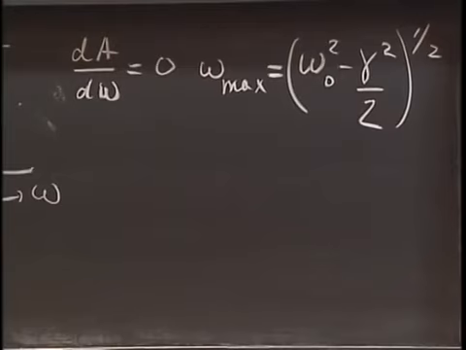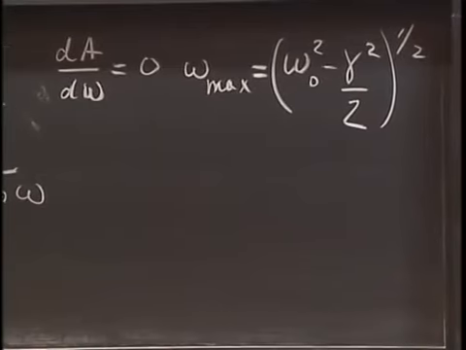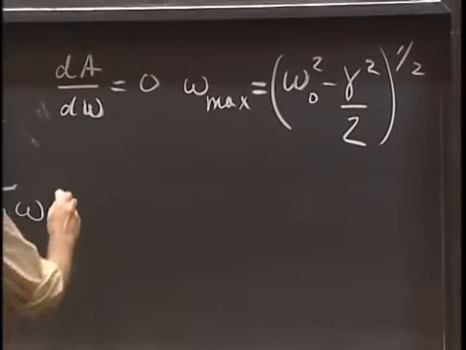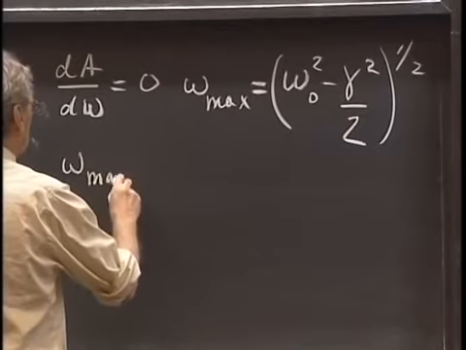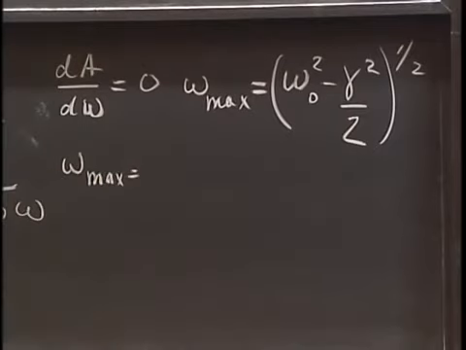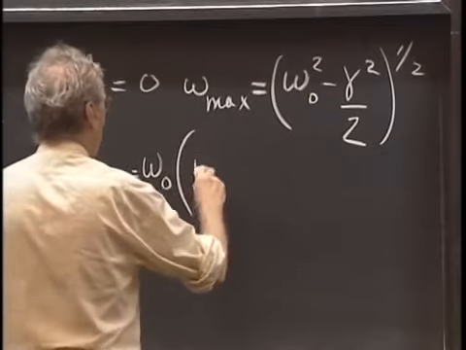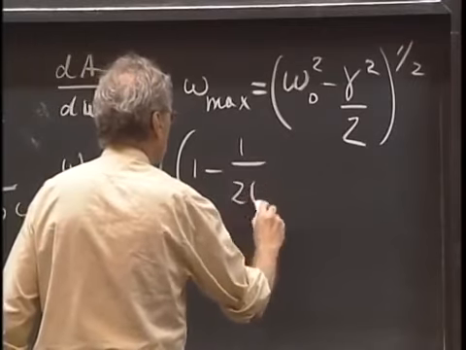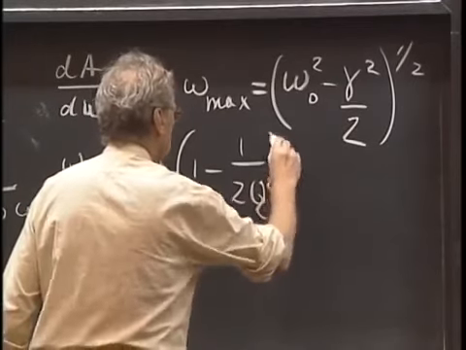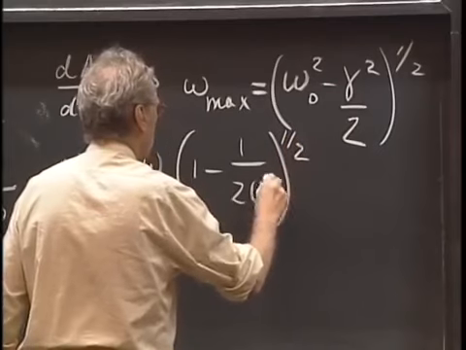And if you like to write that in terms of Q, which is often done, then omega max, so that is the frequency at which the amplitude reaches a maximum, is omega 0 times 1 minus 1 over 2Q squared, and then the square root of that whole thing.